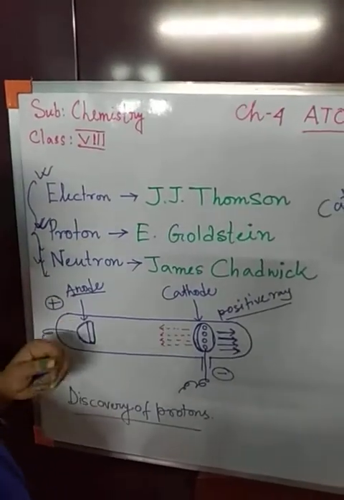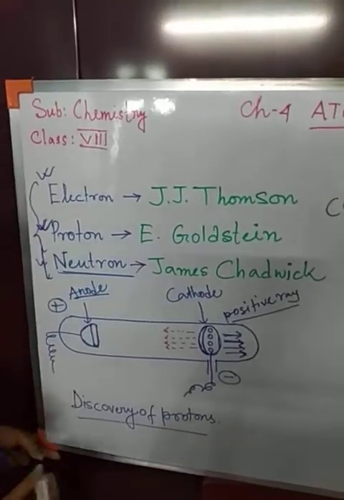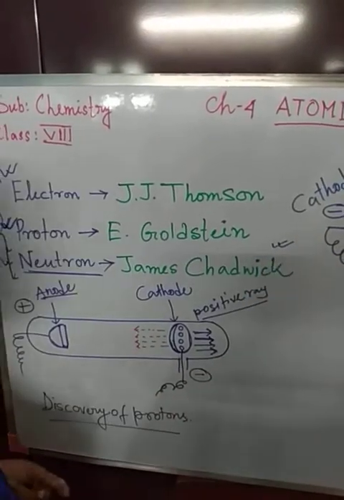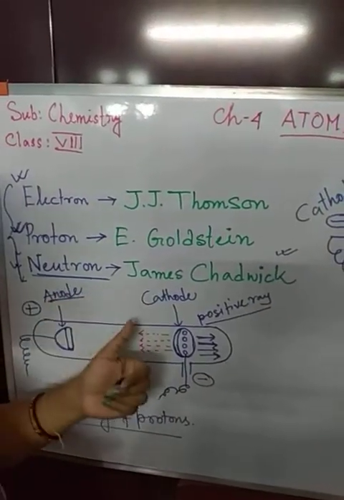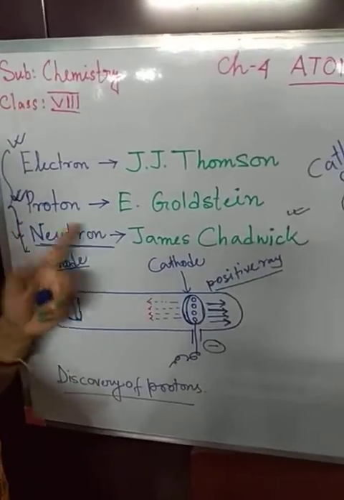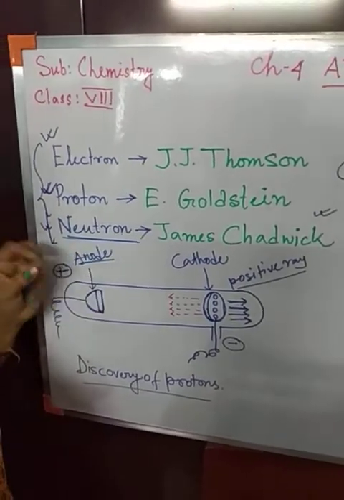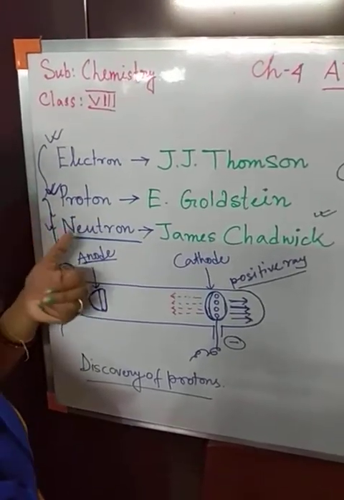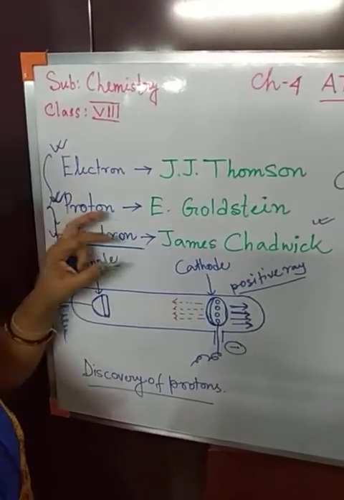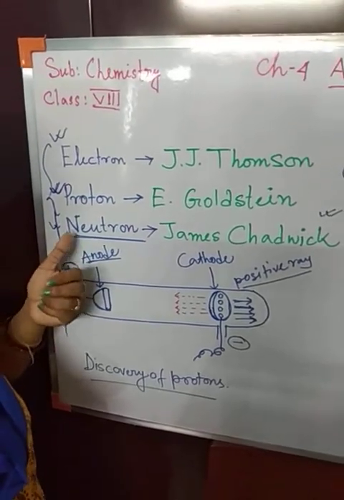This mass is the reason for the excess mass of the atom. From that concept, the neutron was discovered, and it was done by James Chadwick. He said that neutrons are neutral, they do not have any charge, but they have a little bit more mass than the proton.